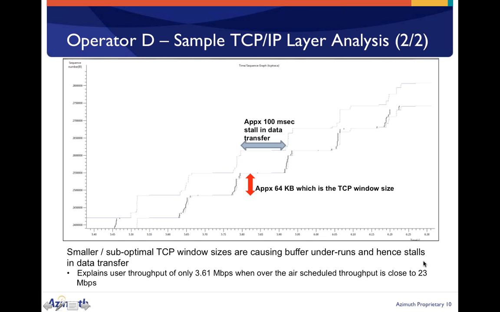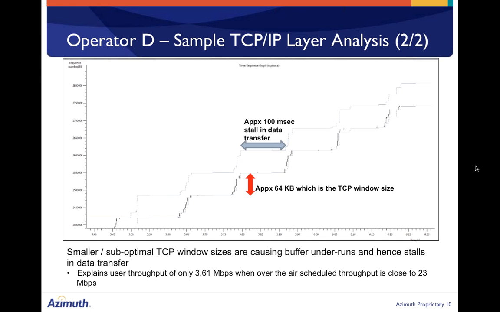Your buffer is already emptied from the base station perspective, because the base station and the UE are able to transfer data very, very quickly, but the network is not sending a lot of data without being acknowledged. Because of that, there are these stalls in data transfers, and these stalls are what cause the throughput to be significantly lower for operator D compared to all the other operators.